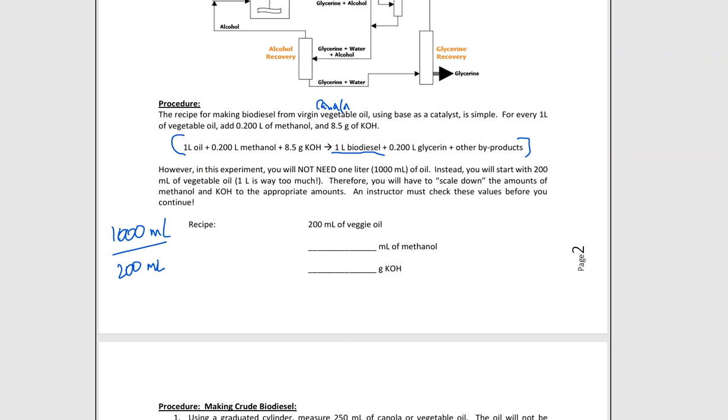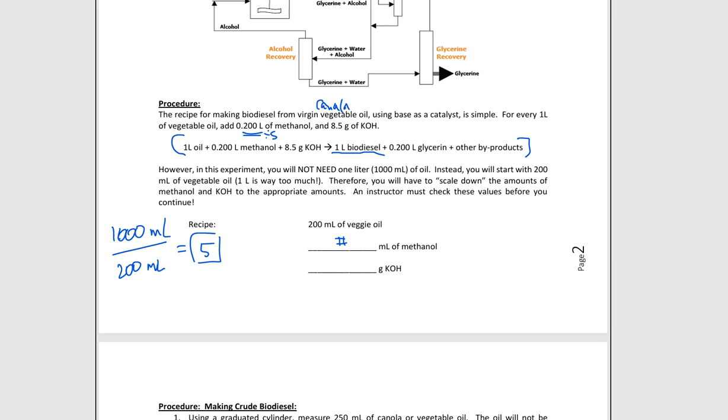The recipe was based on 1,000, and we have gone down to 200. 200 goes into 1,000 five times. So for this calculation, if you're going to use 200 mils of veggie oil, you need to take the methanol that they suggest for the 1 liter recipe and divide it by 5, to get the number of mils of methanol that you need.